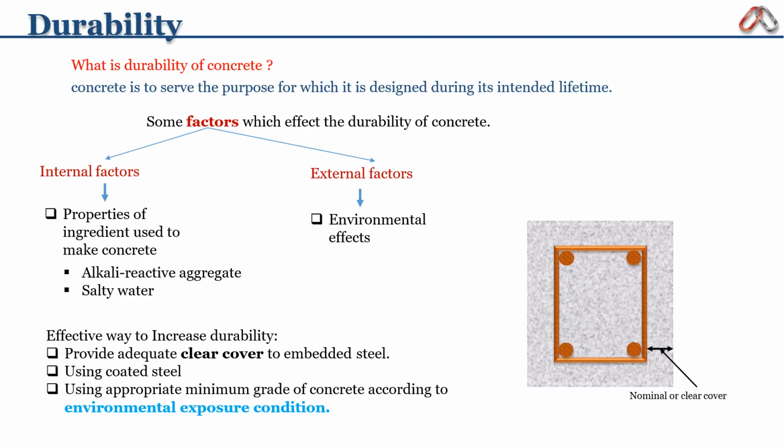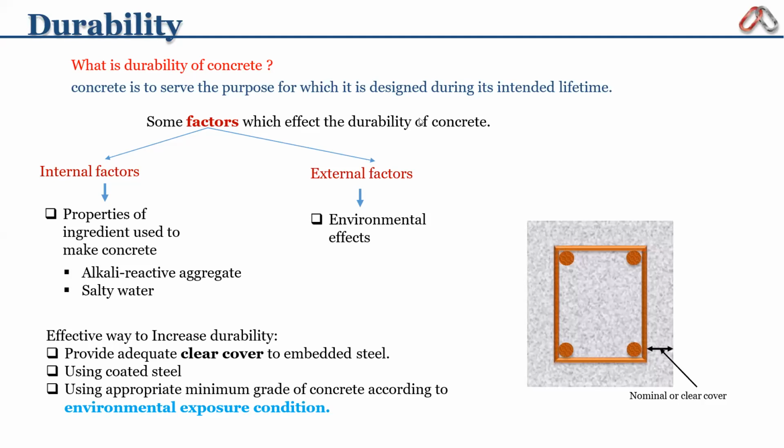There should not be more salty water, otherwise your concrete is less durable. These are the two main important ingredients on which the durability of the concrete depends. And the external factors include your environmental effects. We cannot do anything about the environmental effects. The only thing is that you can change the internal factors.